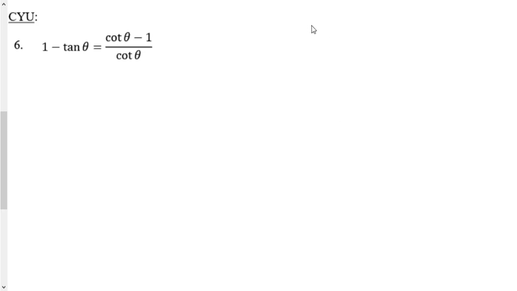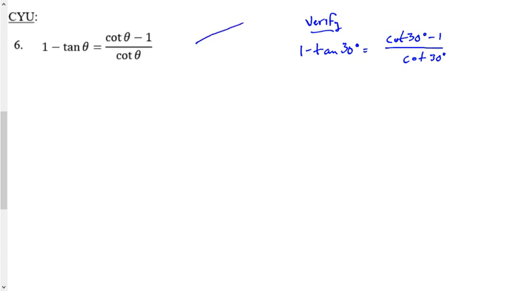And I'll verify over on this side. So we have 1 minus tan 30 degrees equals, and just to help me out here, I'm going to think of this special triangle.